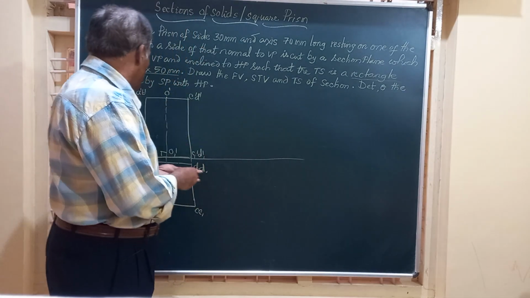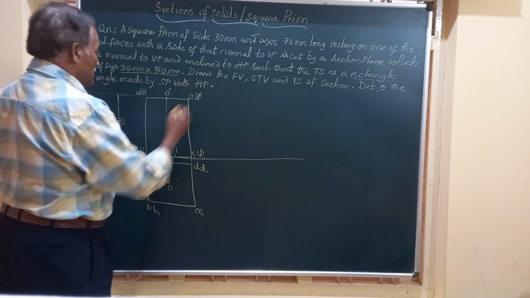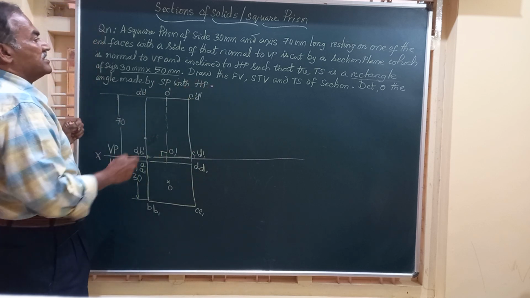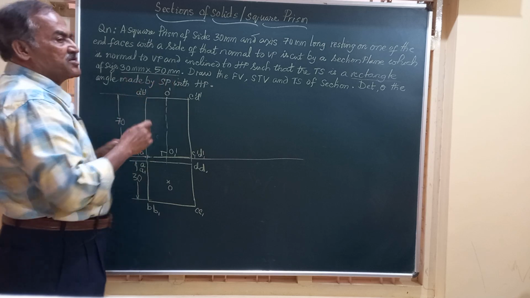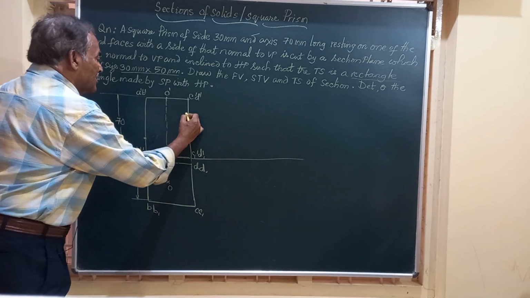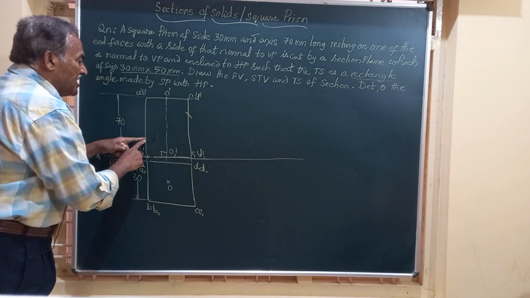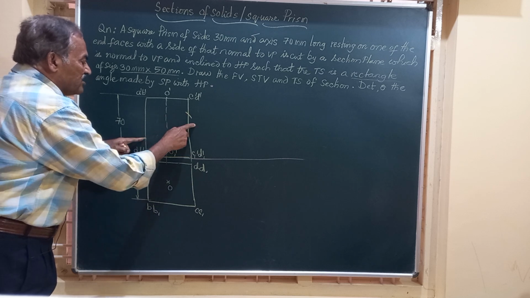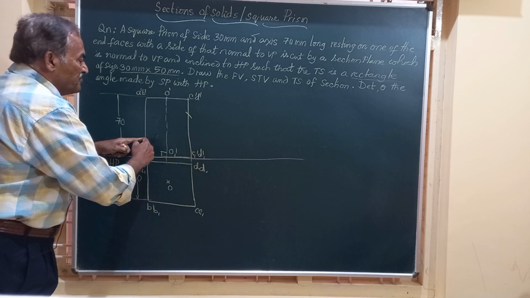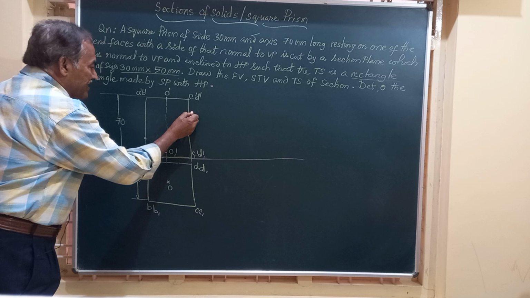So we can take some point anywhere on this, and taking the longer edge of that rectangle, which is 50 mm, I can strike an arc here. So friends, I've selected some point here at random and drawn an arc taking 50 millimeter radius. Remember friends, if you just join these two, fine.